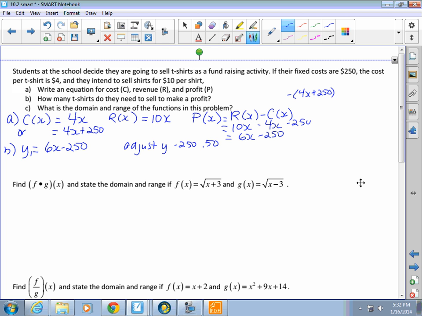You adjust your y value so that it's in between negative 250, because that's the point where if you sold no shirts, and 50. Your x values then, I think I set mine when I did it on the graphing calculator between 0 and 50, and I went up by 5.